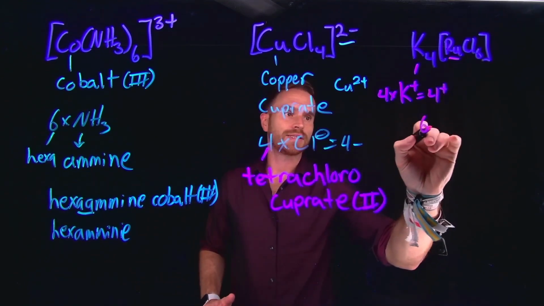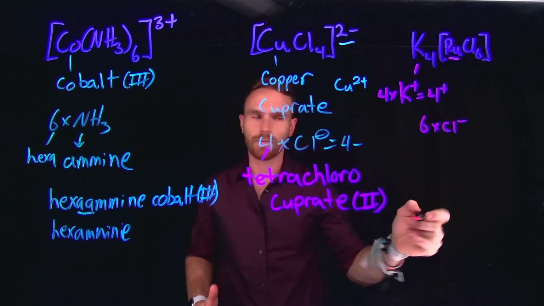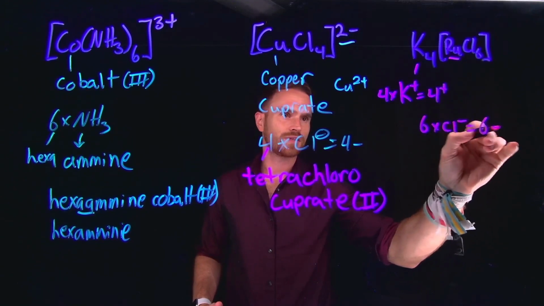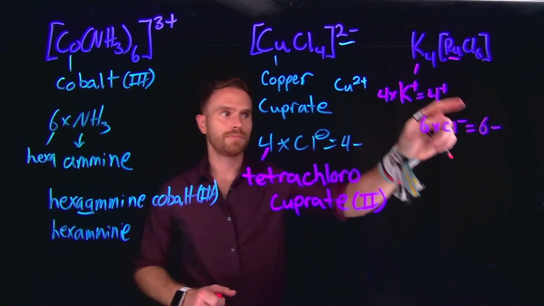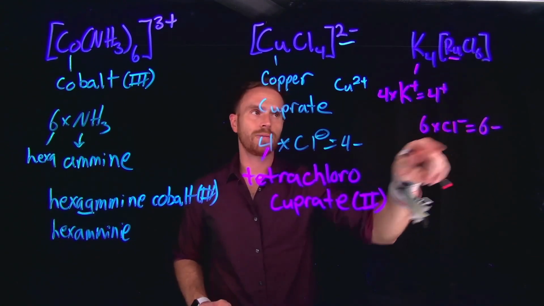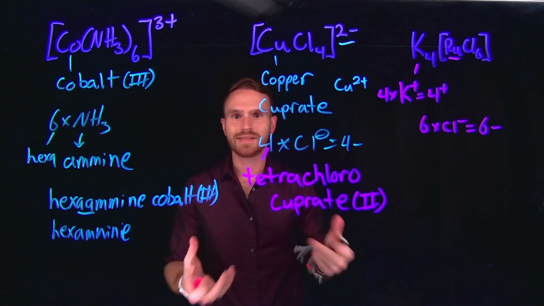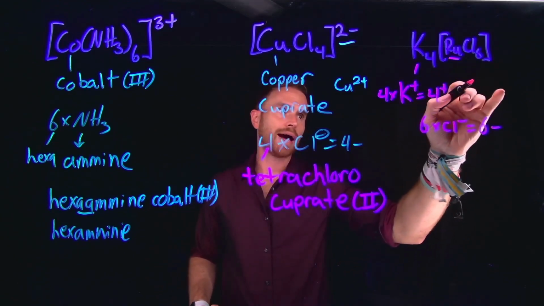I know that I have 6 chloro ligands, which each have a 1- charge. That's a total of 6-. So if I have a 4+ from my potassium and a 6- from my chloro ligands, then in order to make this a perfectly balanced net 0 overall charge, my central metal has to be in the 2+ state.